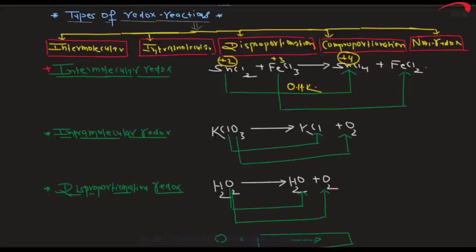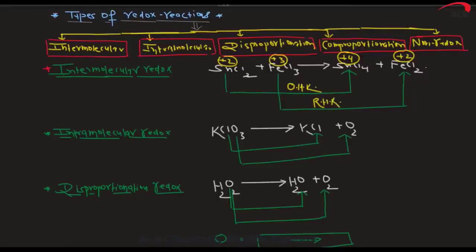And FeCl3 converts to FeCl2. Here the charge is +2. Now we all know that +3, the higher charge, ends with ic, and +2 is referred to as what, ous. So Fe +3 converts to Fe +2. So here the process is the reduction half reaction.